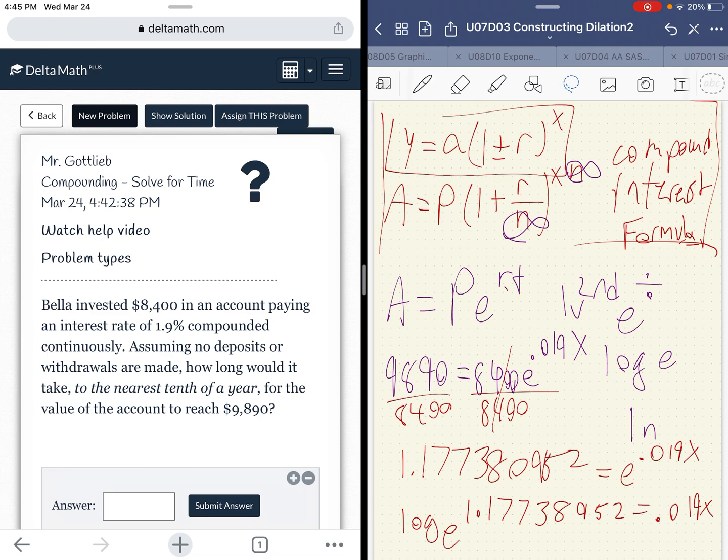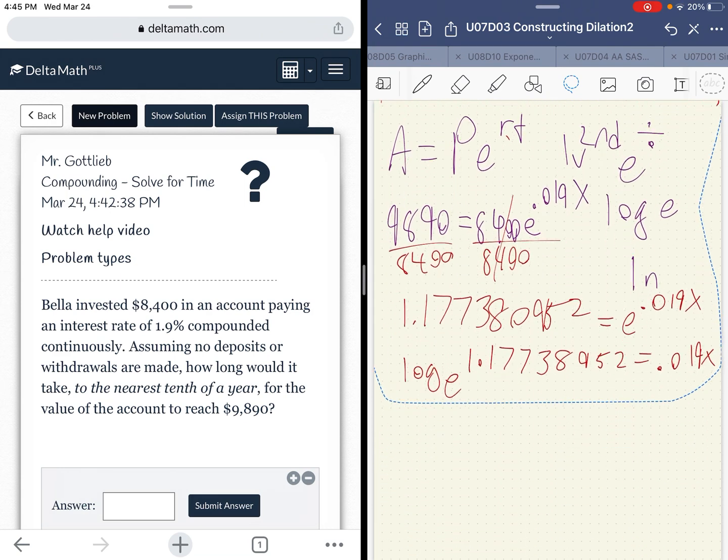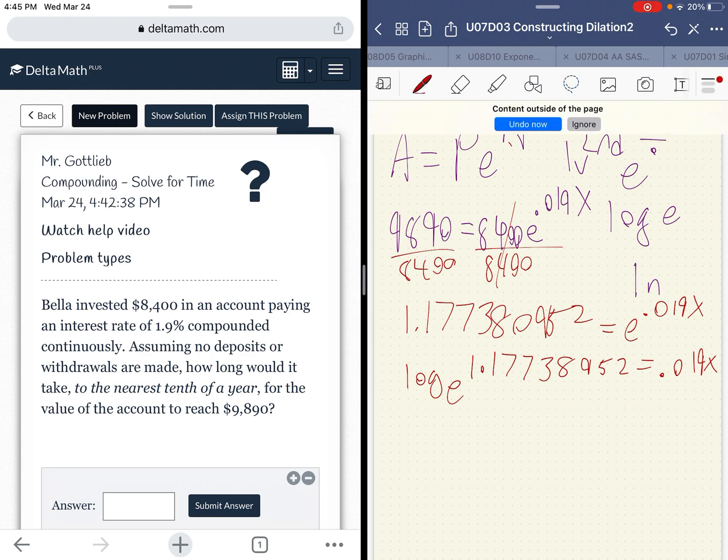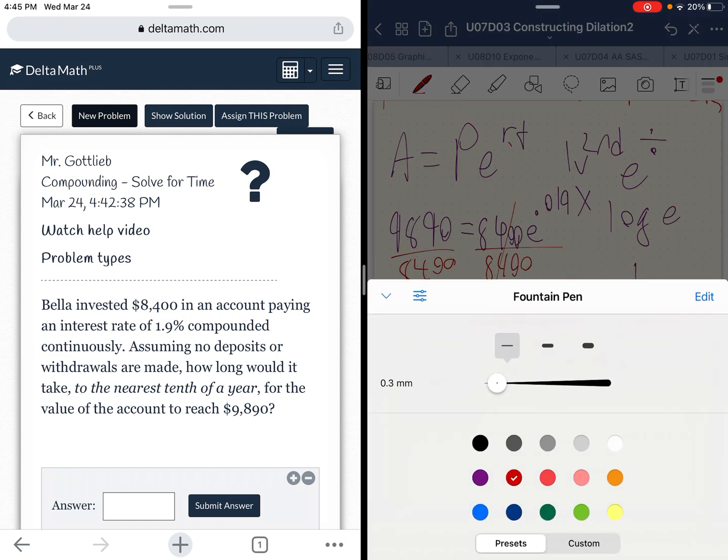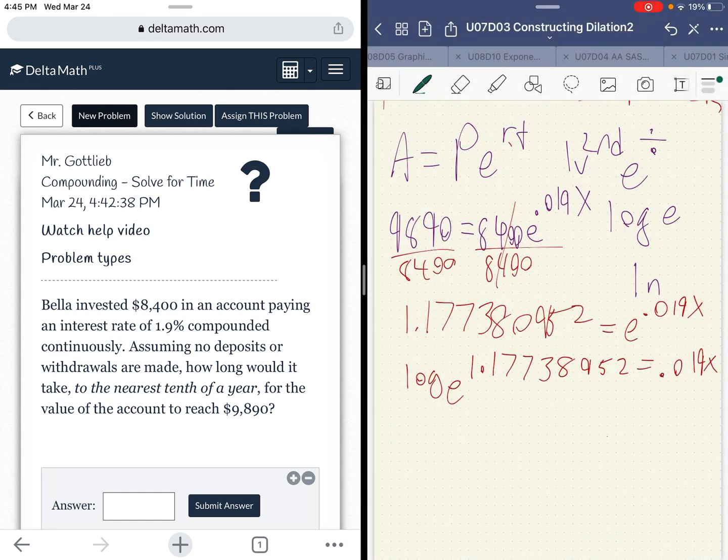So I'm just going to have to type a lot of this into our calculator. I'm just going to select everything on the screen here and move it out of the way so I have a little more room to work here. All right, so we're just going to calculate this on our calculator. I will be using the button on my calculator specifically that says ln instead of log e. It means the same thing.